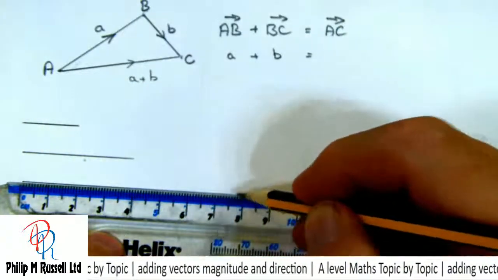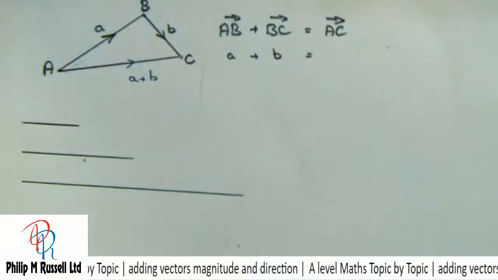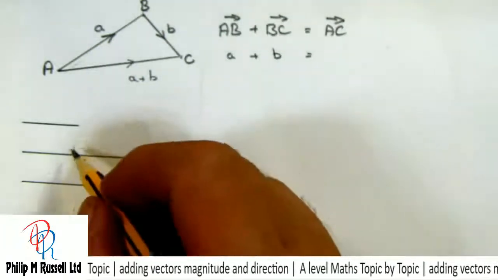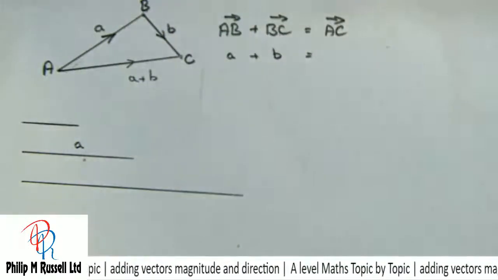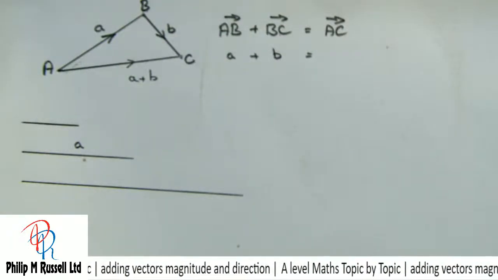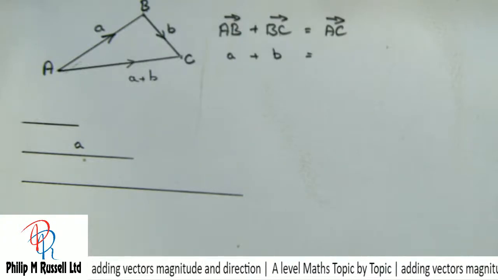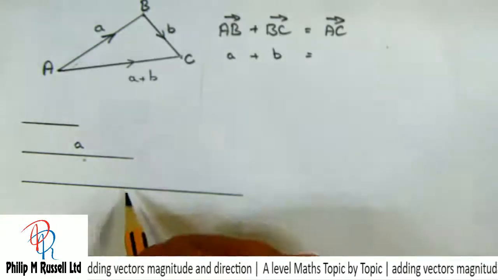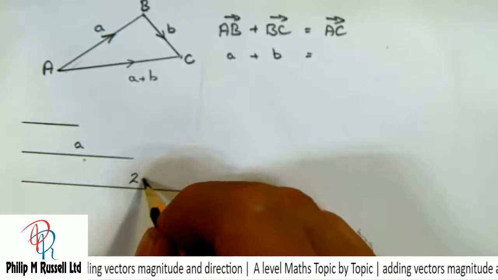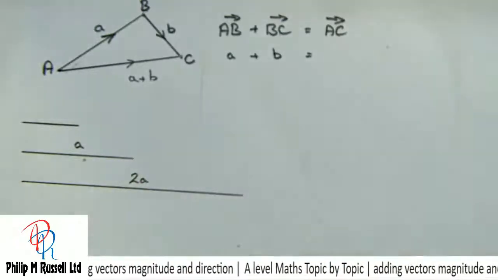And this is an 8 vector. If we call this vector A, then this one is going to be twice as much, 2A.